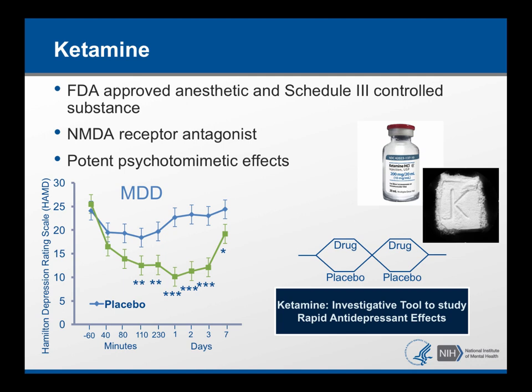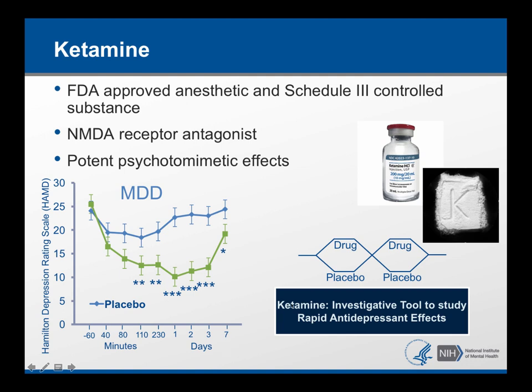acutely. However, when a subanesthetic dose of ketamine is given to a depressed subject by IV infusion, subjects have a robust and rapid antidepressant response. It happens within hours to a day, and it lasts about 7 to 14 days.